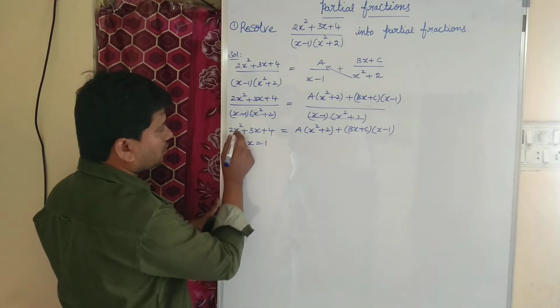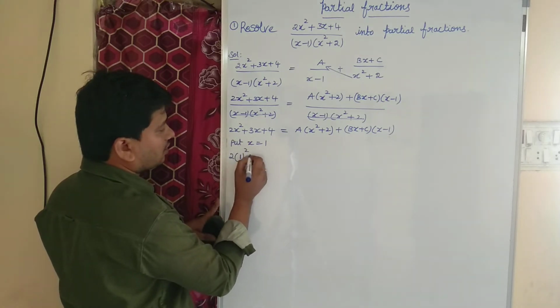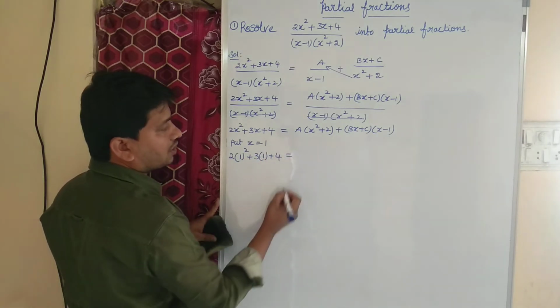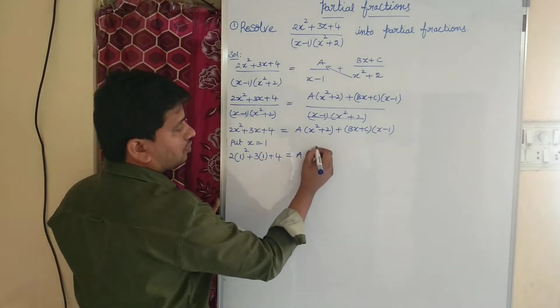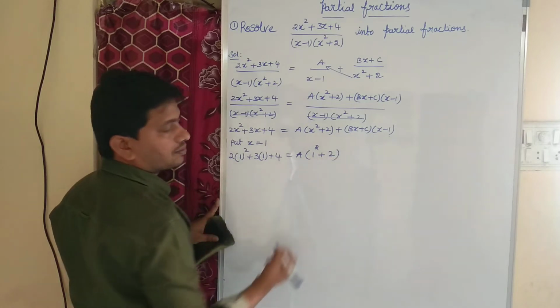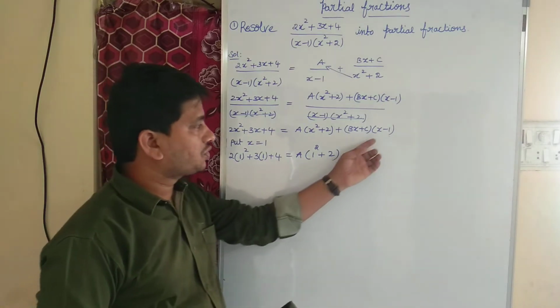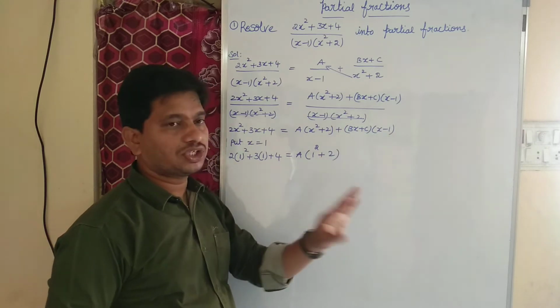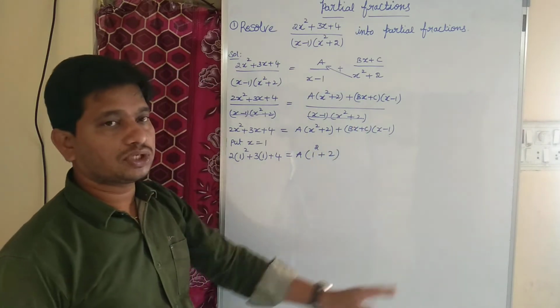So 2 into 1 square plus 3 into 1 plus 4 equal to a into 1 square plus 2. Is it clear children? I am not substituting here. If I put 1 here, 1 minus 1 is 0, 0 into something is 0 only. This total term will become 0.